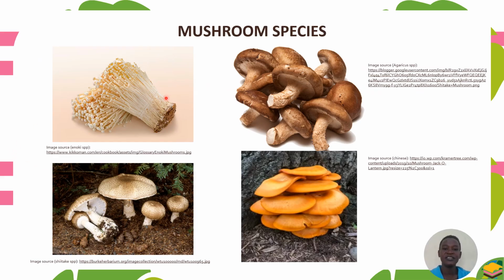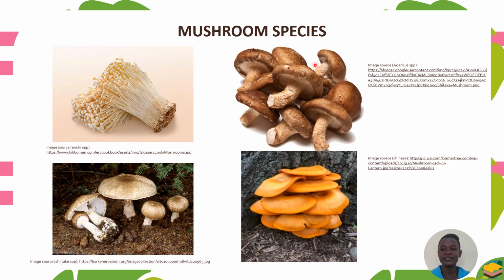On the pictures here, they are just showing some of the mushroom species which can be cultivated. This is the enoki, which is thin in size. The stem is thin as well as the cap. So enoki species look like this. Then we have Agaricus species.